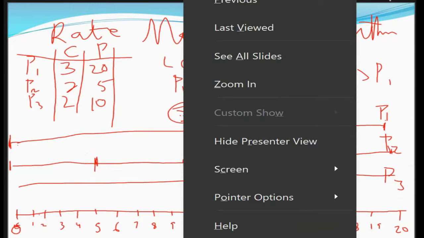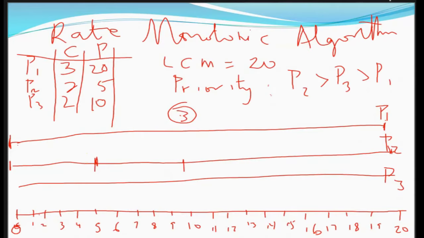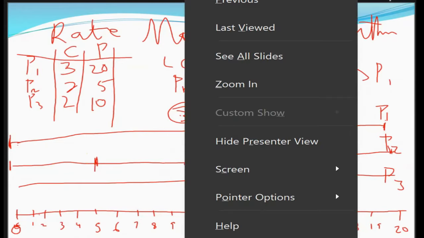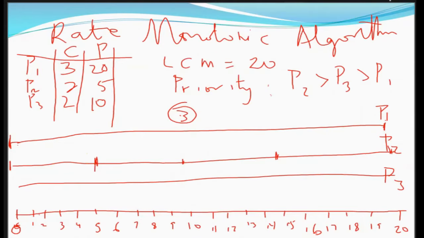And then 15. And then 20, so it ends here. So each cycle takes how many? 2 units, right? 2, 2, 2. Are you guys following? Yes, sir.